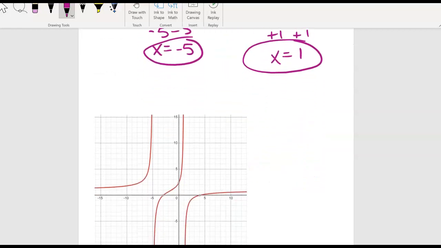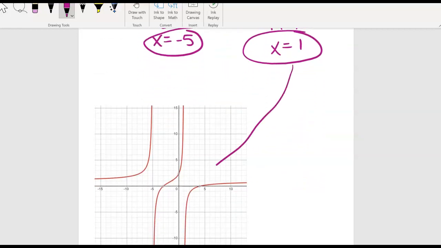One is at +1, and that would be this guy right here. You can see there's an invisible line we approach but do not touch. Sure enough. And then the other one is at -5, and that's right here. Sure enough, the graph really tries to touch -5, but it doesn't. It gets super close, but it never actually touches.